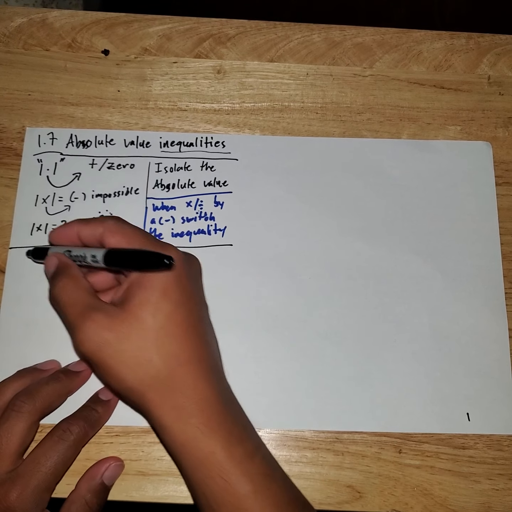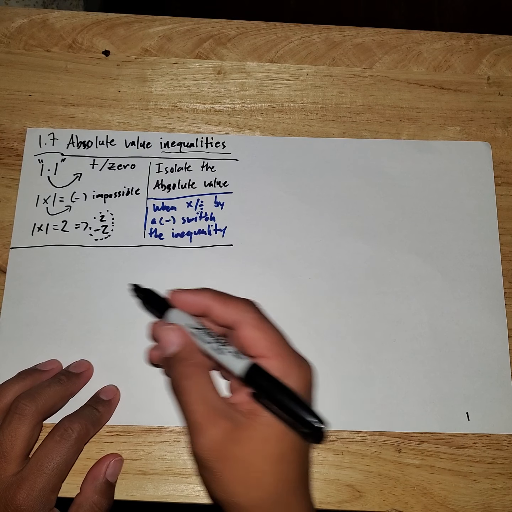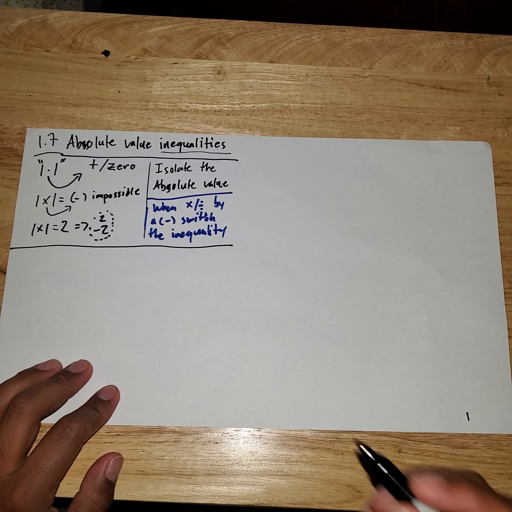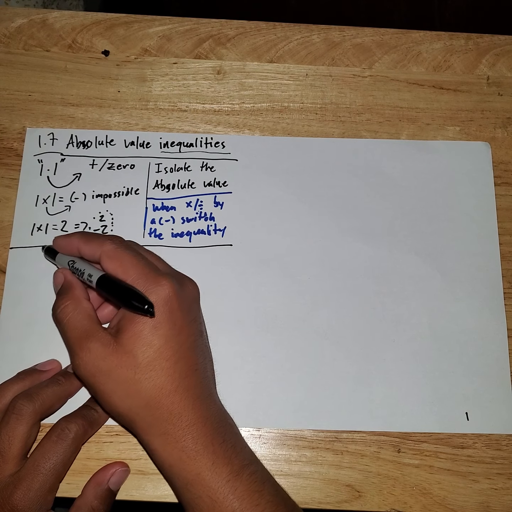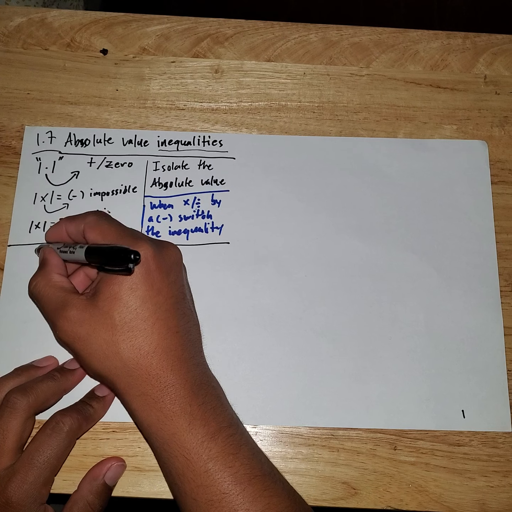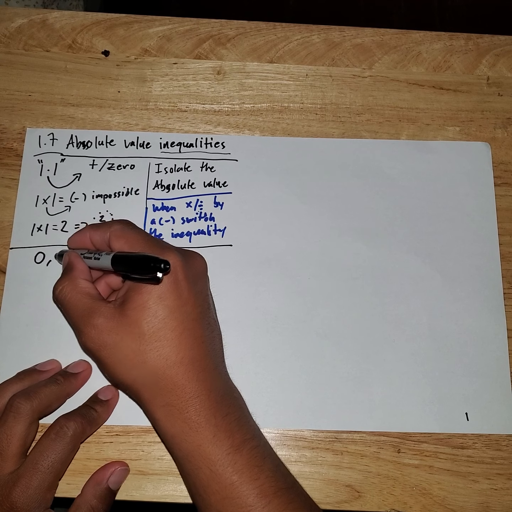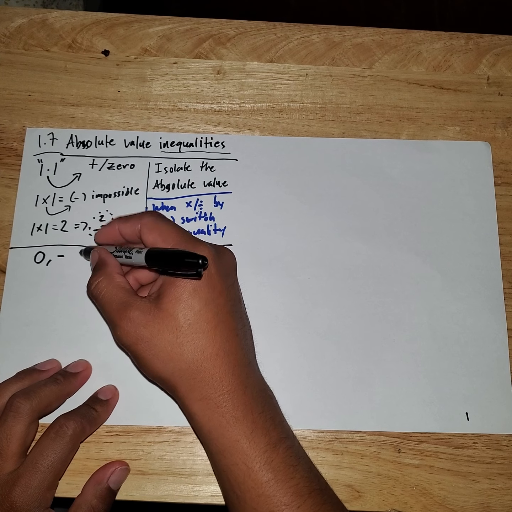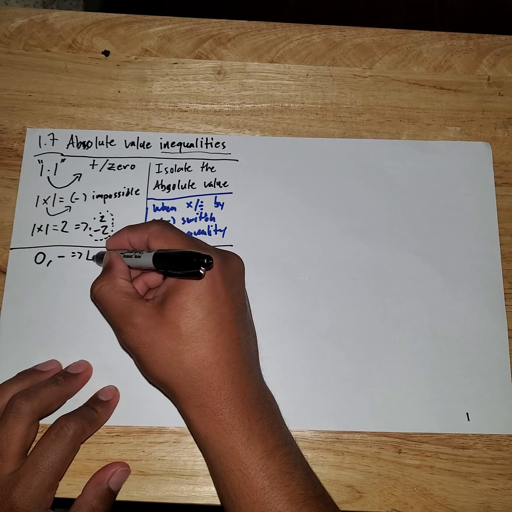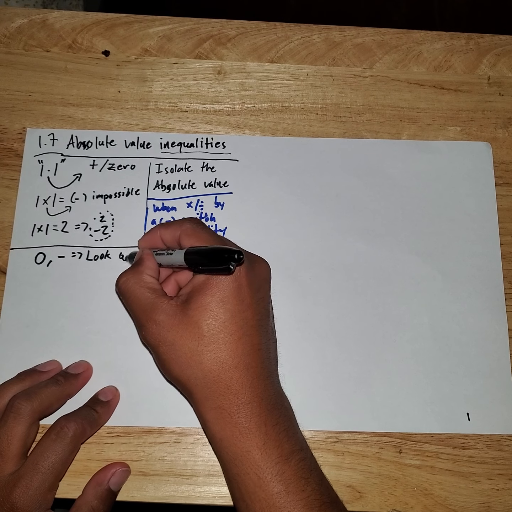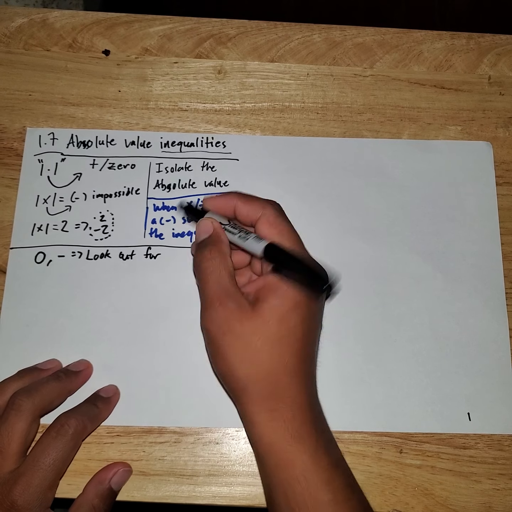But let's just talk about a couple of the scenarios that we need to look out for. And the main idea is you want to look out for 0 and a negative number. So these are the things you want to look out for.